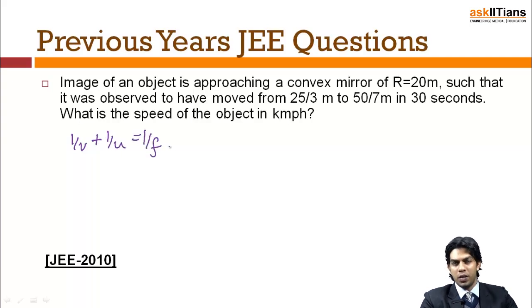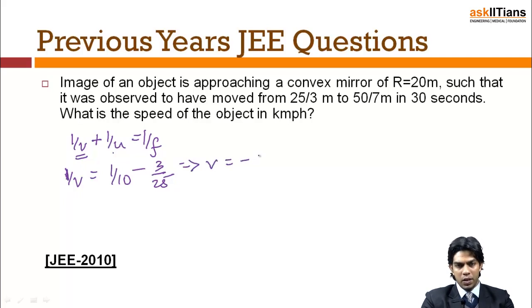I want to find v first. So 1 by v equals 1 by f, which is 1 by 10, given r equals 20, minus 1 by u, which is basically 3 by 25. If I work this out, I will end up getting v to be minus 50.